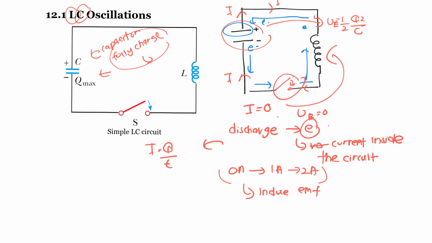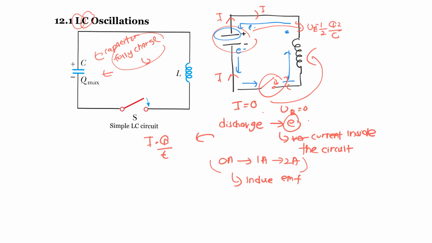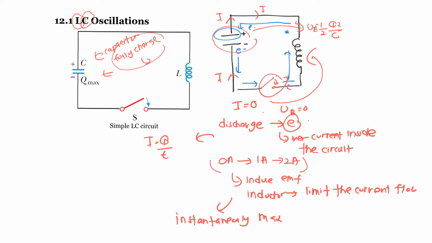What is the function of the inductor here? The function of the inductor is to limit the current flow. The current inside the circuit does not match instantaneously; it increases slowly, because the induced EMF produces a magnetic field that opposes the original change in the current.